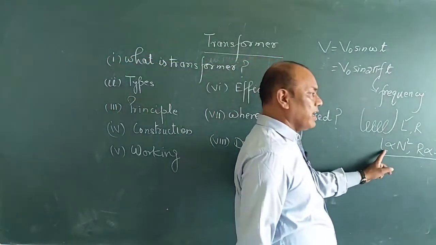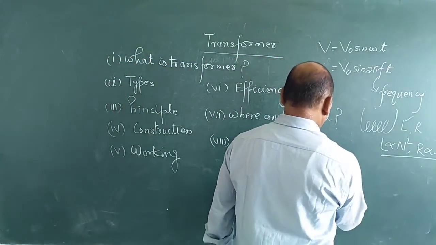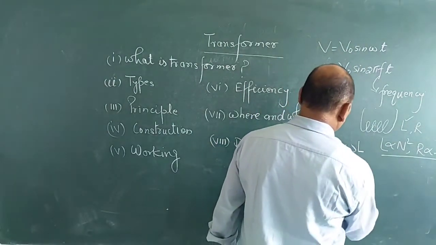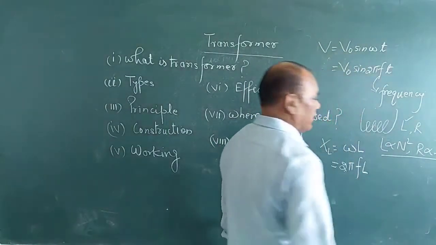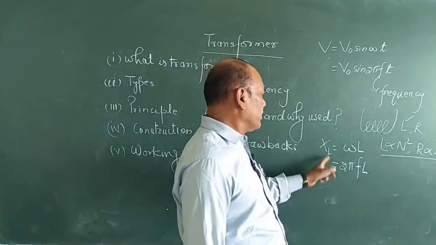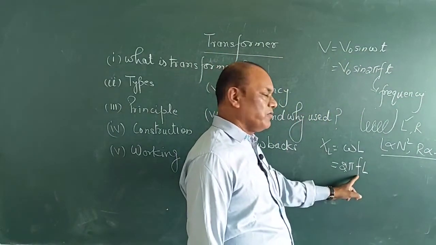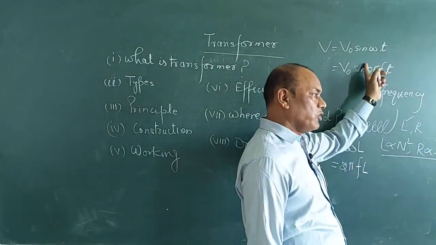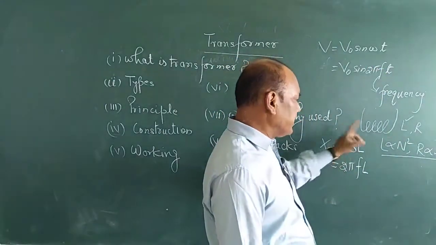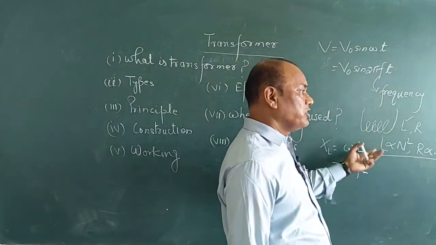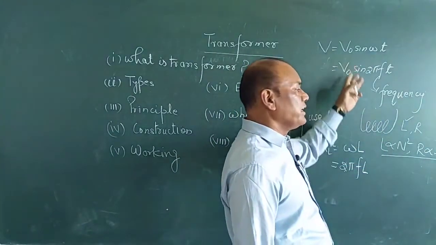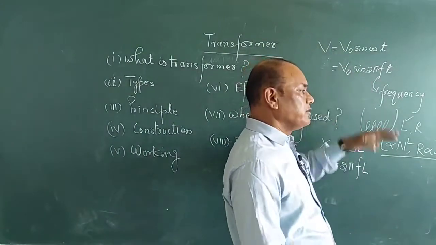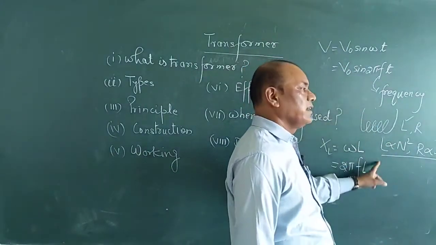And since XL is equal to omega L, and this omega L is equal to 2 pi FL, therefore the value of XL depends on frequency F, and since this frequency is found in alternating voltage, that's why transformer changes only alternating voltage or alternating current, and it has no effect on direct current.